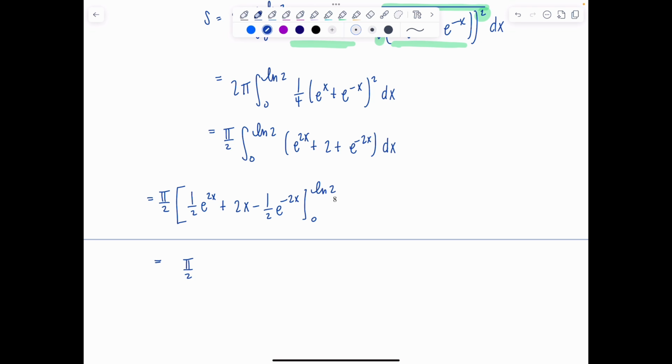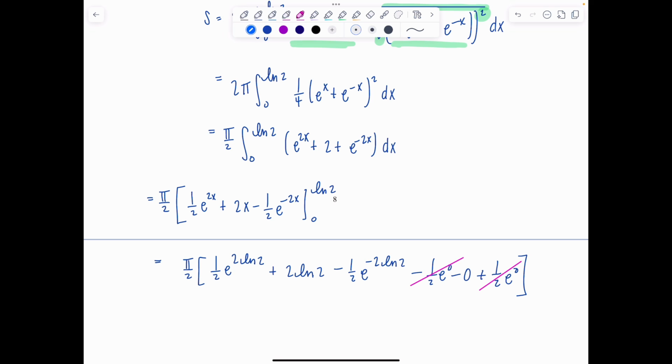So pi over 2 times 1/2 e to the 2 ln of 2 plus 2 ln of 2 minus 1/2 e to the negative 2 ln of 2 minus 1/2 e to the 0 minus 0 plus 1/2 e to the 0. Good. So then this will cancel with the other term.